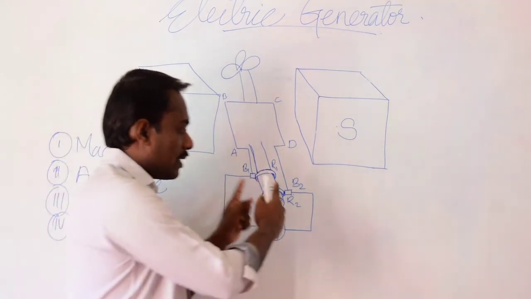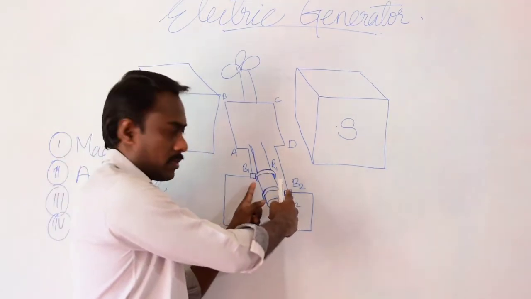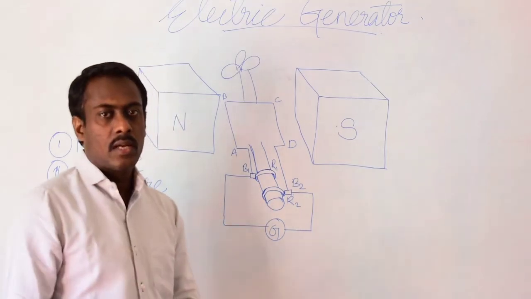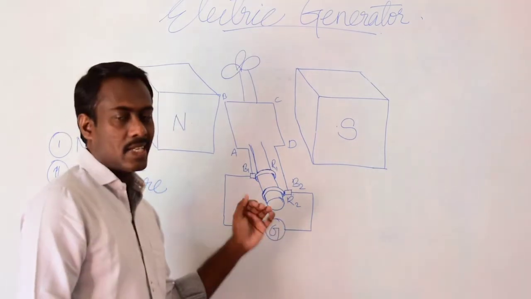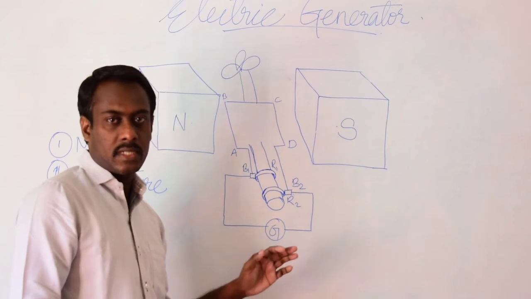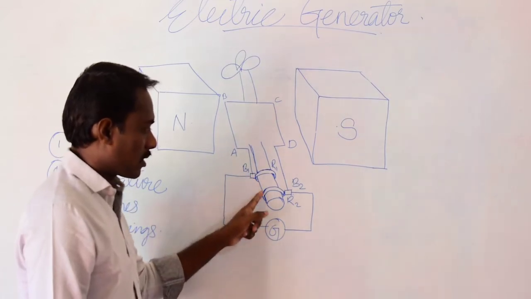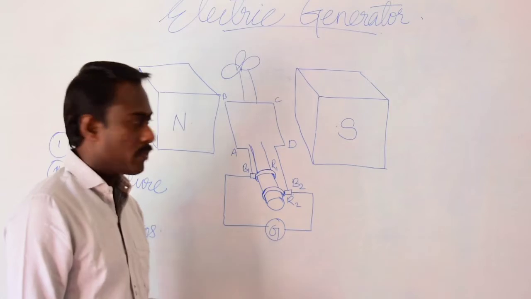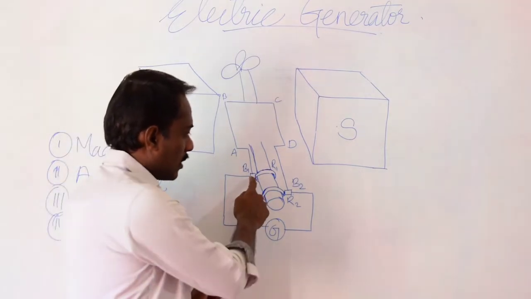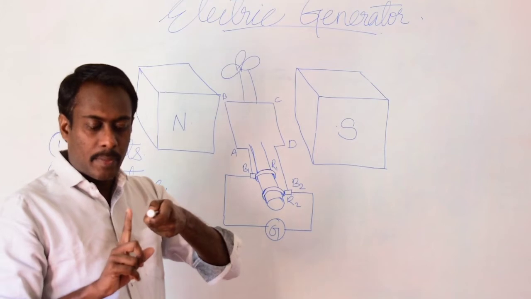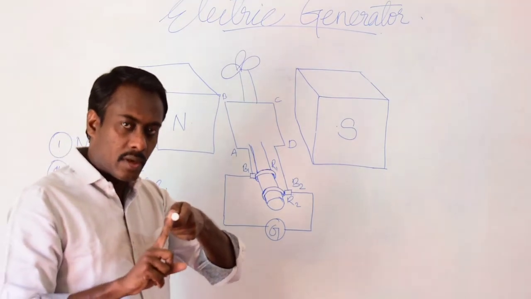So if they are permanently fixed here, this commutator system does not allow the wire to get strangled or twisted, because of the carbon brushes B1 and B2 here. The brushes are kept here, pressed against the rings.